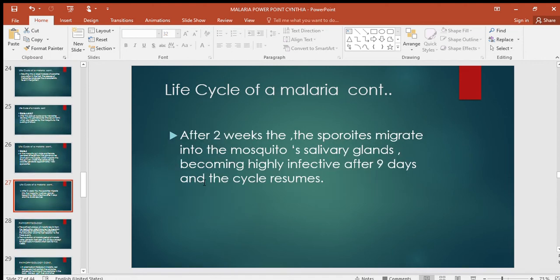After 2 weeks, the sporozoites migrate into the mosquito salivary glands, becoming highly infective after 9 days, and the cycle starts. So what we are saying is, the mosquito which was not infected initially has bitten a person who is infected with malaria.